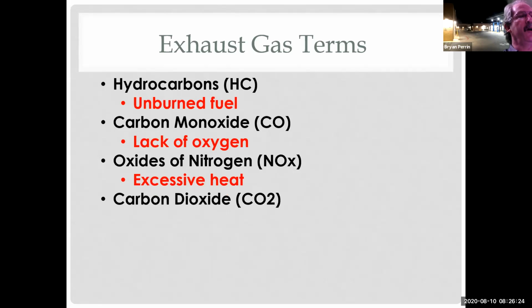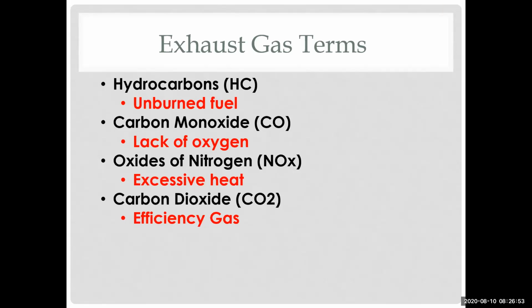So carbon dioxide, what's a good way of thinking of carbon dioxide? Oxygen burn. Well, oxygen is burned. And if I'm burning oxygen really well and burning my fuel really well, am I being efficient? Yeah. So could I call it my efficiency gas since it's at its peak at 1 lambda when I'm most efficient?